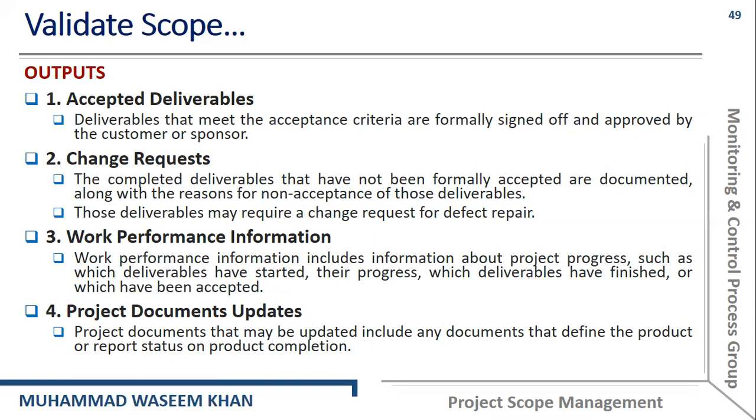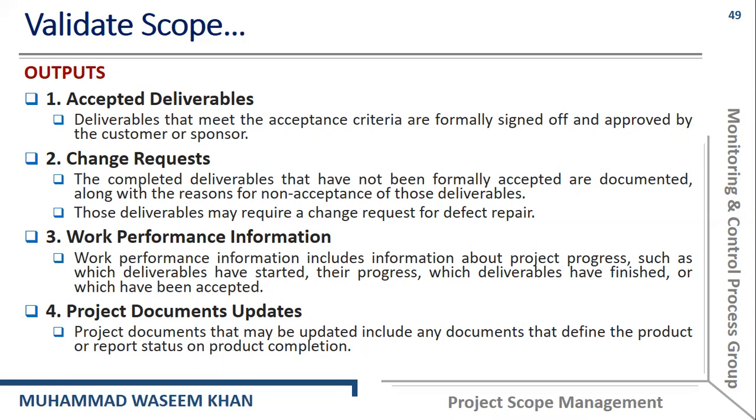Work performance information, as we have discussed this again. Work performance information includes information about the project progress, such as which deliverables have started, their progress, which deliverables have finished, or which have been accepted.